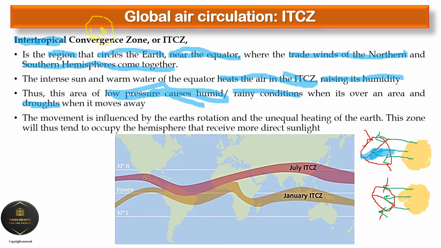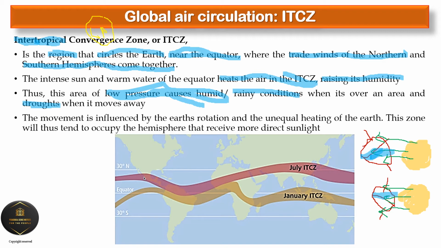If you look at that now, going back to what I described before, you'll see that this section or part of the equator gets direct sunlight, and the other part does not get direct sunlight. So that's where your ITCZ will be positioned in the northern hemisphere.